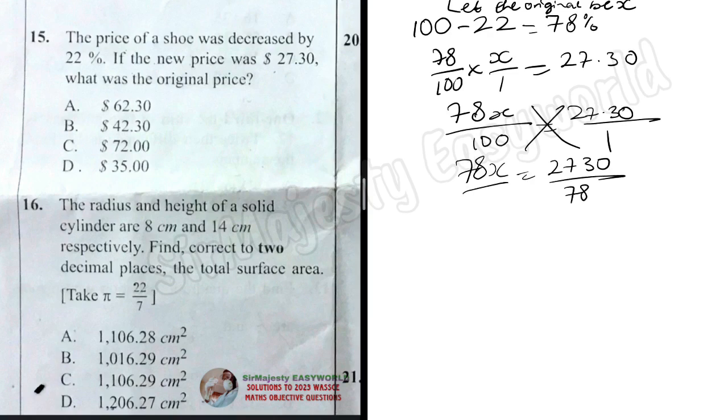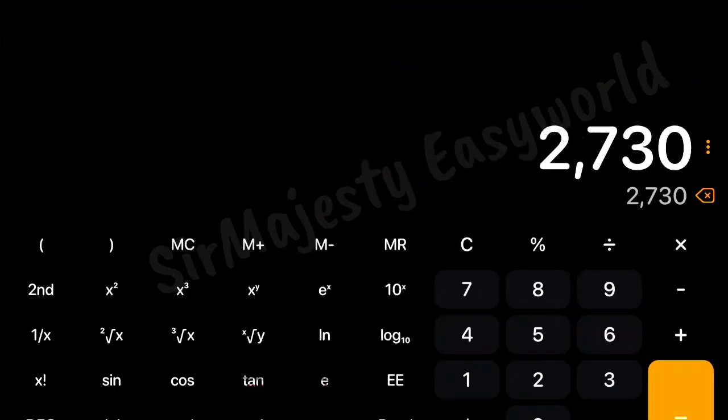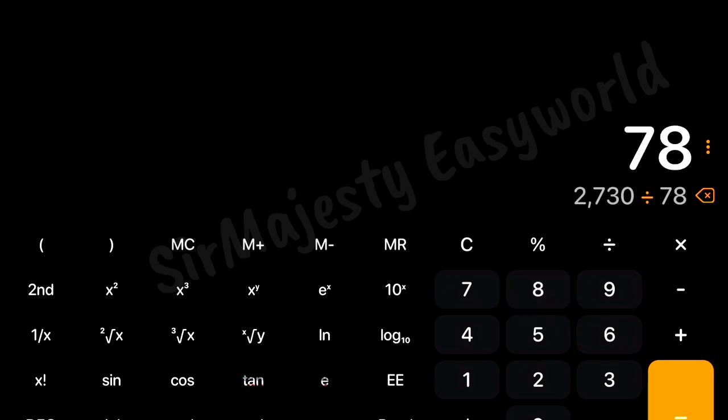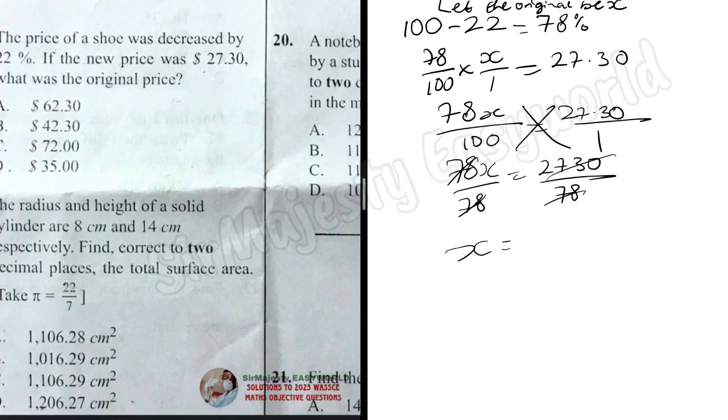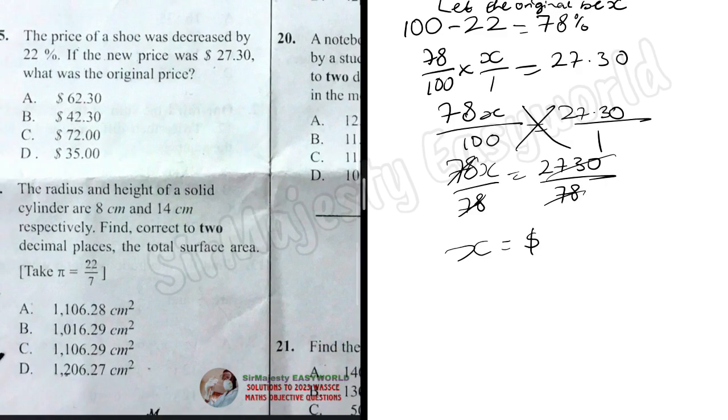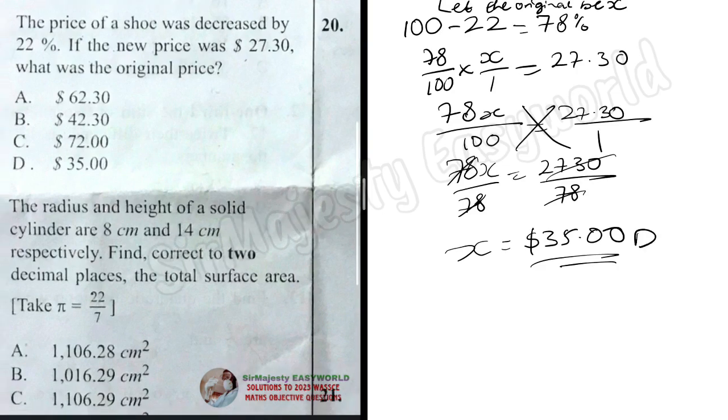So dividing both sides by 78, let's go to our calculator. 2730 divided by 78. That's 35. That's $35.00. So the correct answer to this question is D.